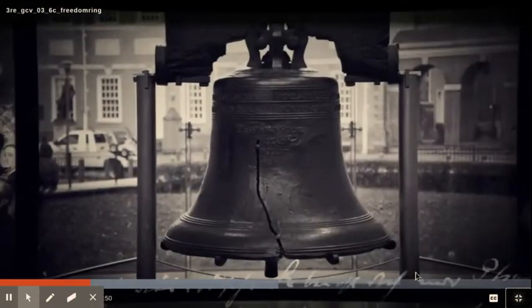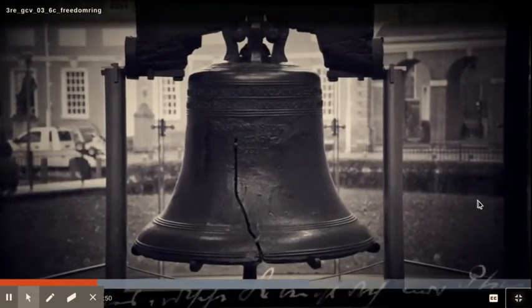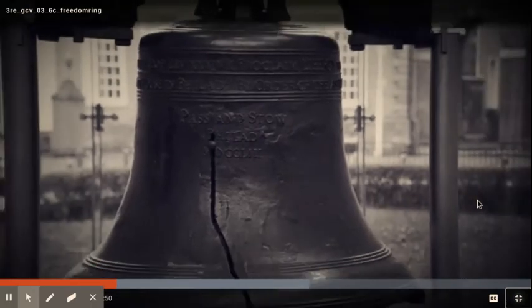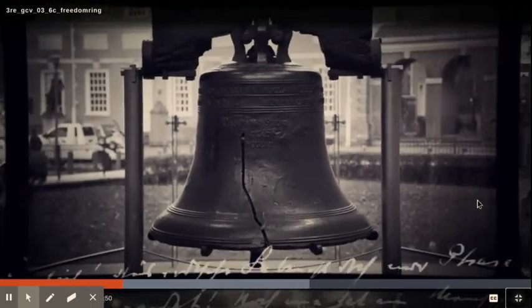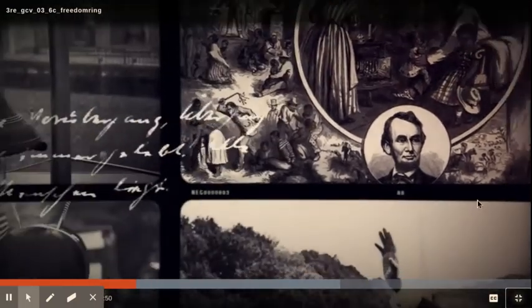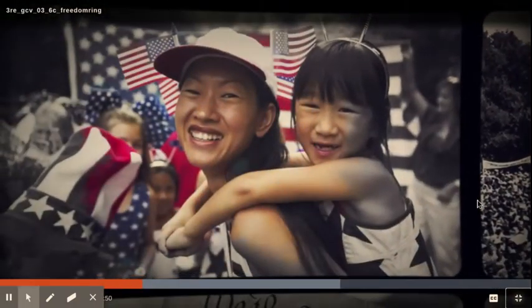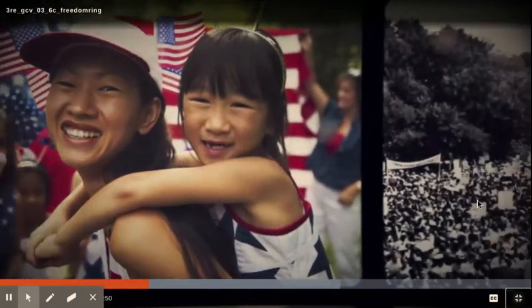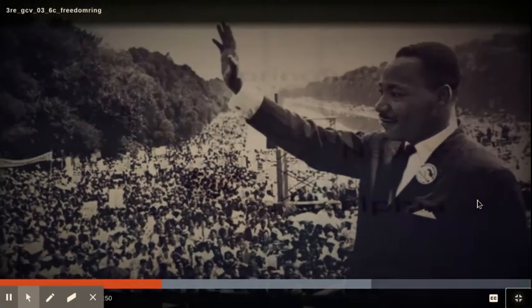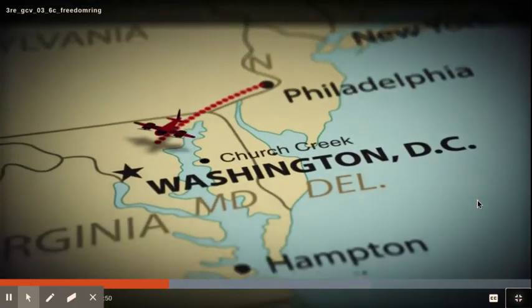Even after a big crack meant the bell didn't ring anymore, it was an important symbol. The words on the bell talk about liberty for all. That's why people working to end slavery were inspired by it. Today, the bell is tapped on important dates, including the 4th of July and Martin Luther King Jr. Day. Buckle up. Next stop, Washington, D.C.